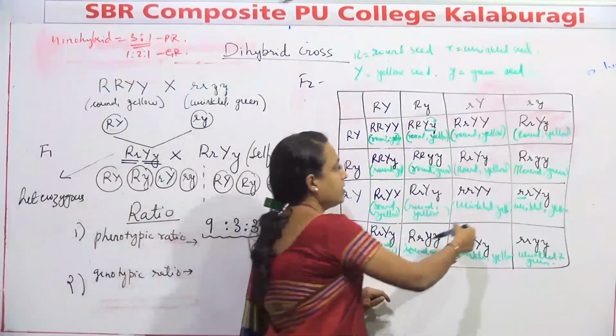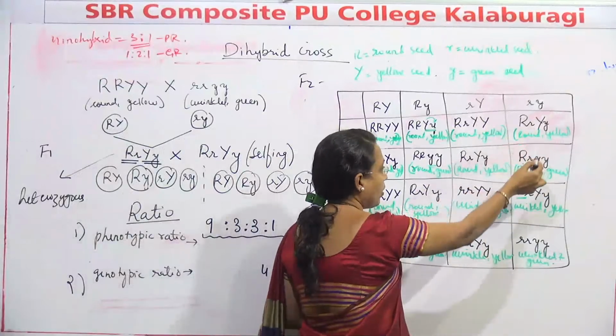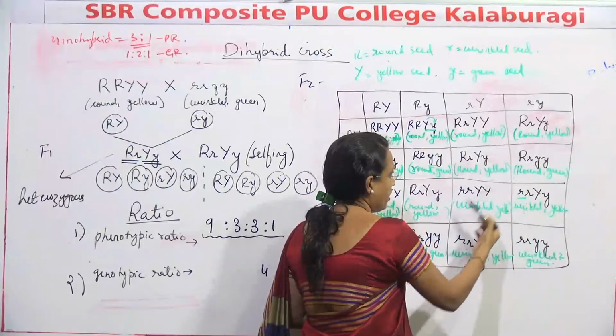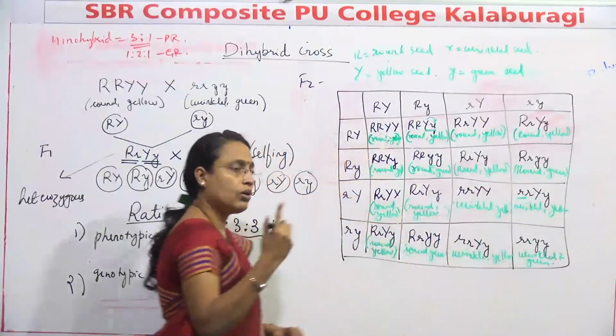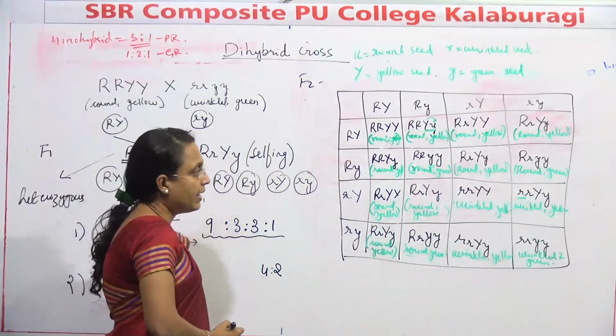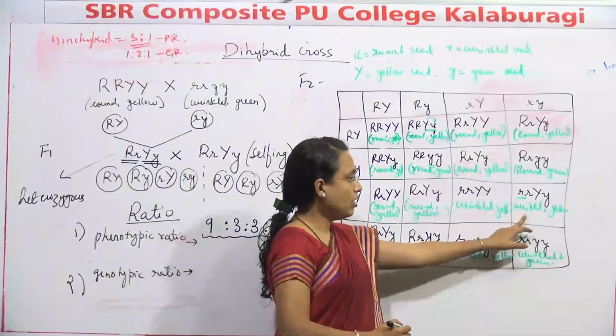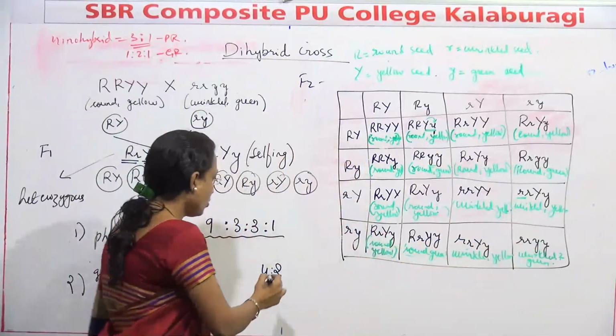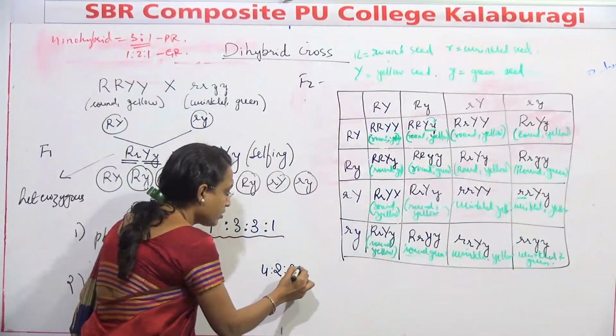Then, after the diagonal, one more line to draw here. These two are similar genotypes, so it is 2. The next two genotypes are also similar, so again you write 2.